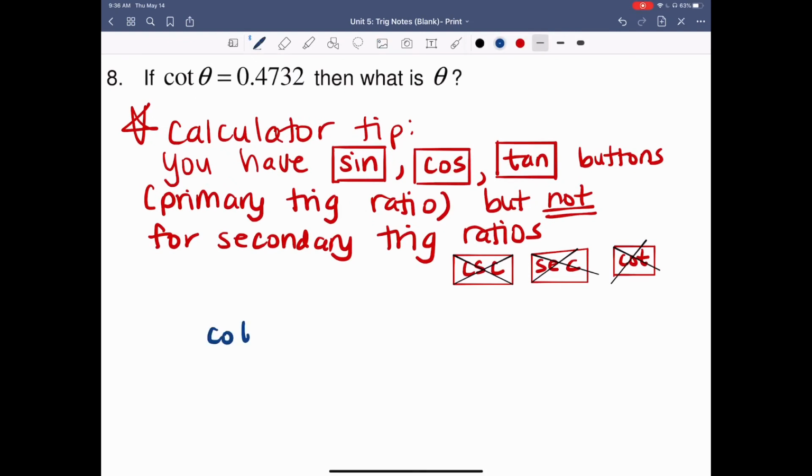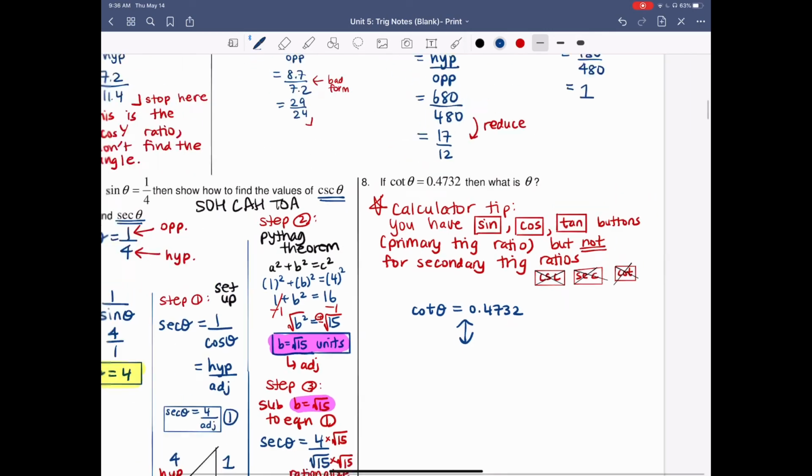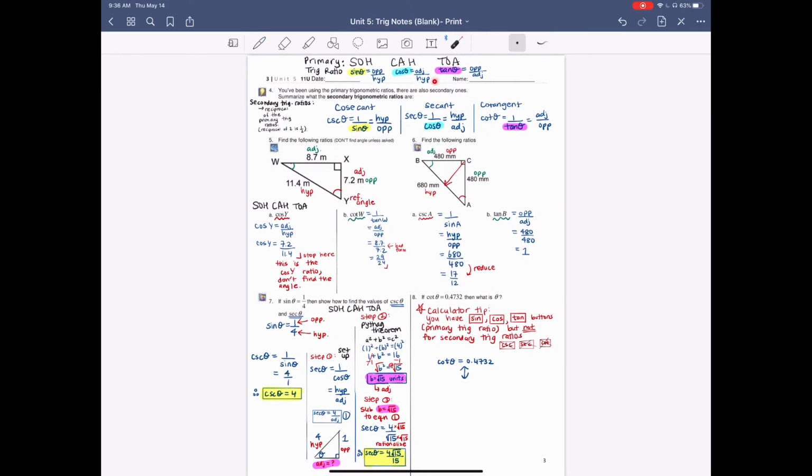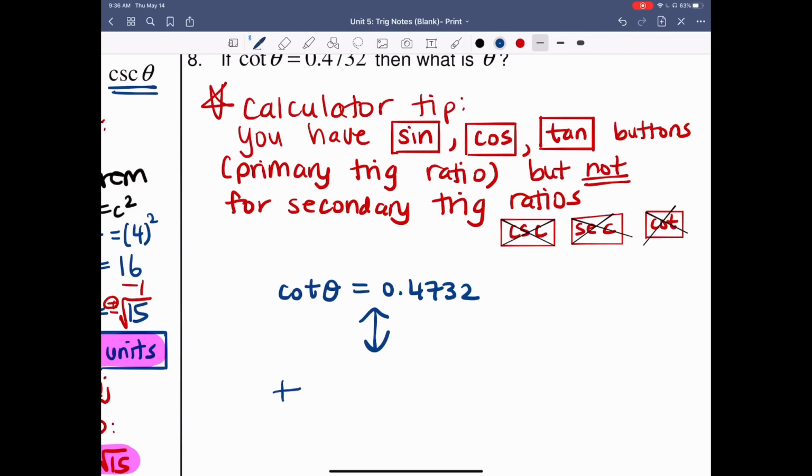So if I have cotangent theta equal to 0.4732, how do you convert that to tangent? Well, you look back at this part, which is what we keep referring to, is that you actually have 1 over tan theta is equal to 0.4732.